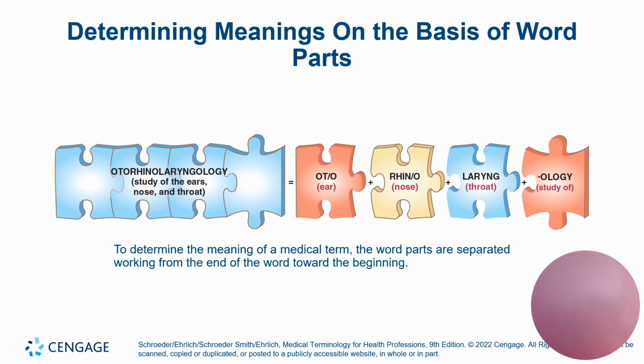Lith means stone, and otomy is a surgical incision. But lithotomy is also the name of an examination position in which a client is lying on the back with the feet and the legs raised and supported in stirrups.